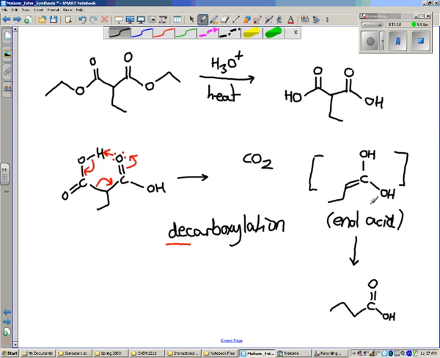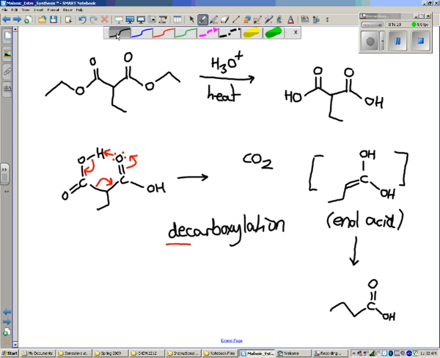Now, if you were to look at a possible mechanism for this, it's virtually identical to the mechanism that enols undergo tautomerization to ketones in the video that we saw for keto-enol tautomerization. So overall, this is the way to take an alkyl halide, add 2 carbons to it, and make a carboxylic acid in the process.